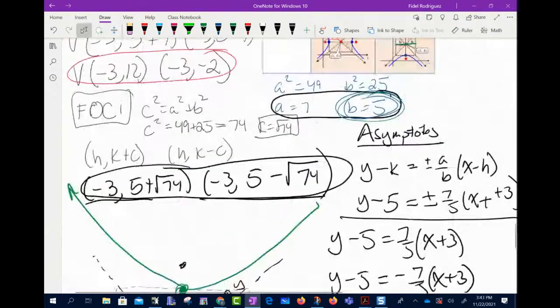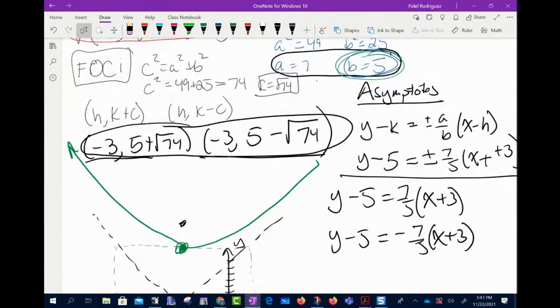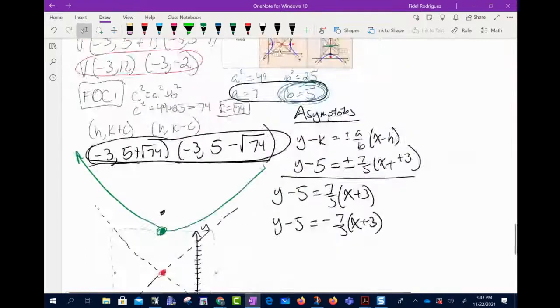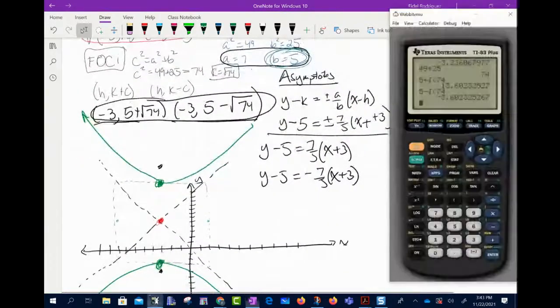So foci were negative 3 and 5 plus square root of 74, and negative 3, 5 minus the square root of 74. So Jennifer, I just did that on my calculator, and the numbers that I came up with, when I added, I came up with 13.6.